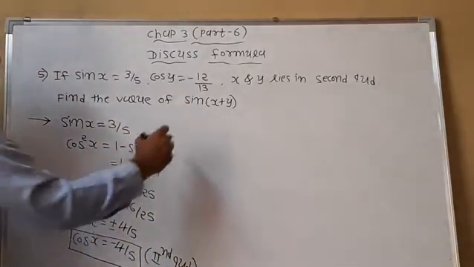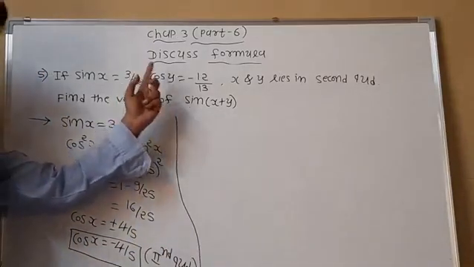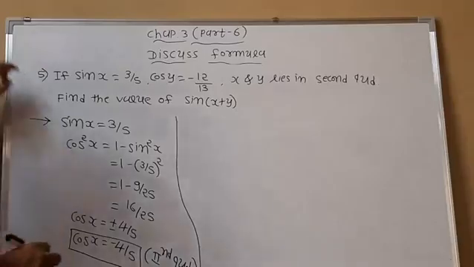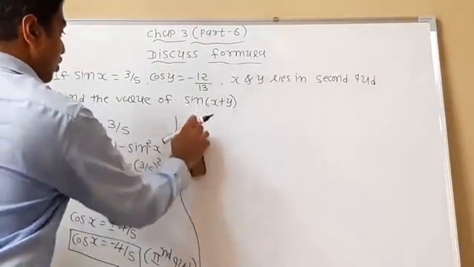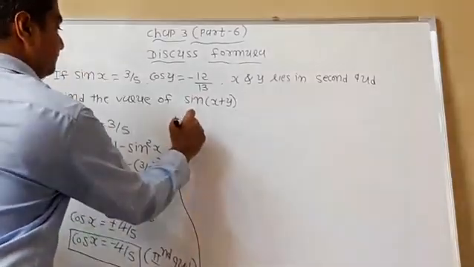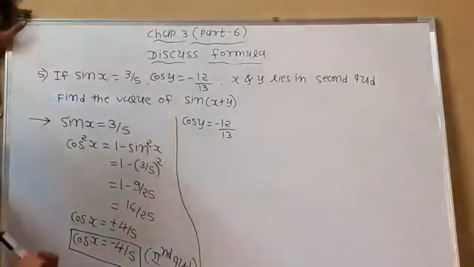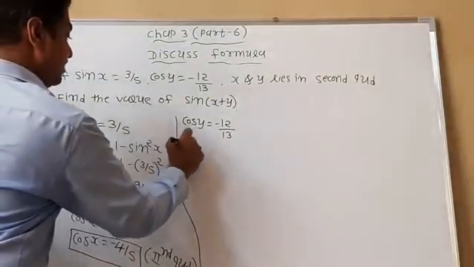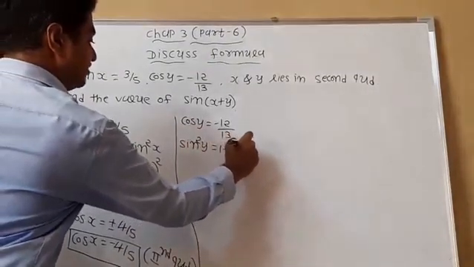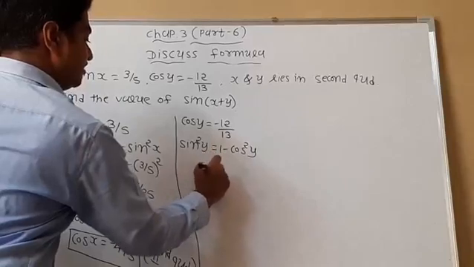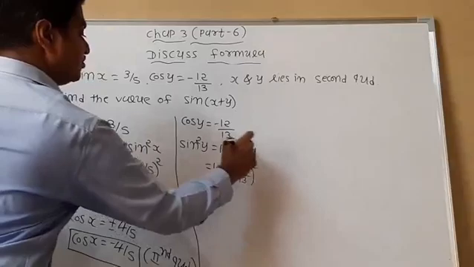Now after finding cos x, cos y is present, so find the value of sin y. So cos y is equal to minus 12 by 13. We know that sin square y is equal to 1 minus cos square y, equal to 1 minus (minus 12 by 13) whole square.